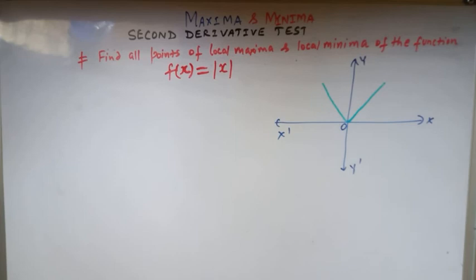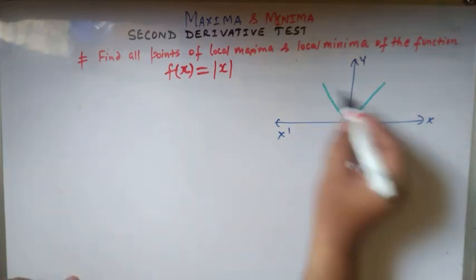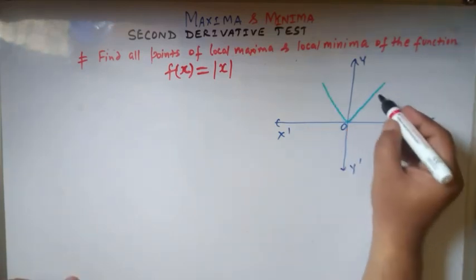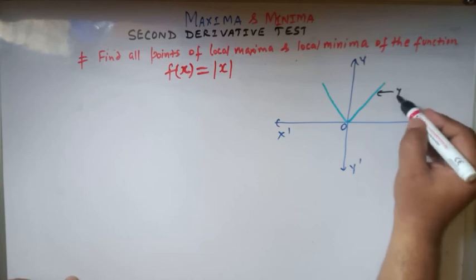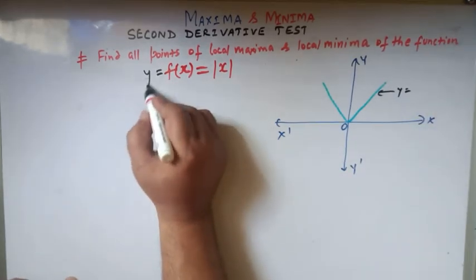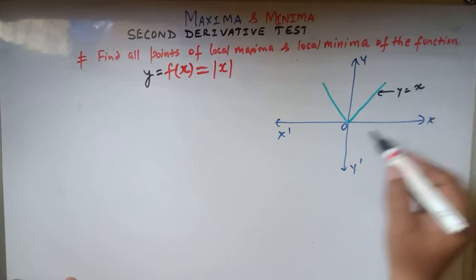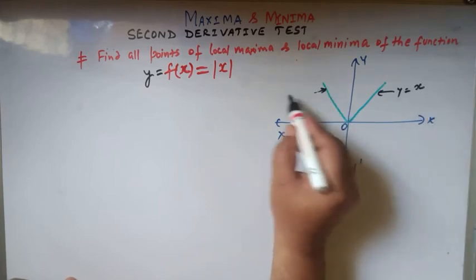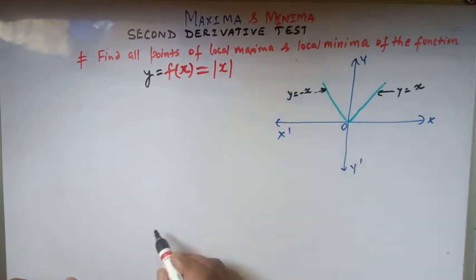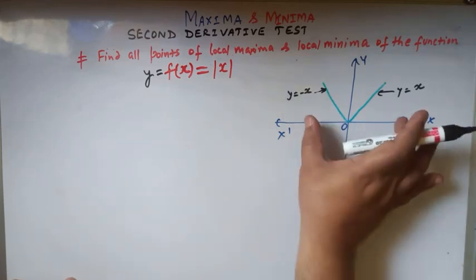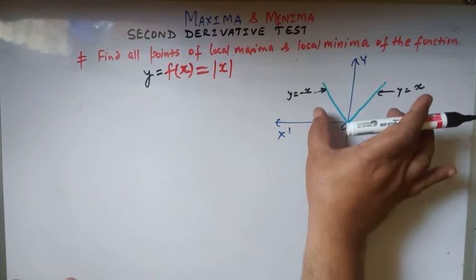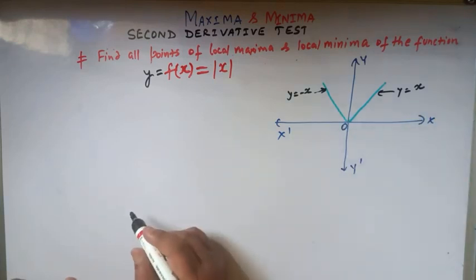So viewers, if this is the function y equal to f(x), then this line is y equal to x, and this line is y equal to -x. Clear? This function lies in the first and second quadrant.